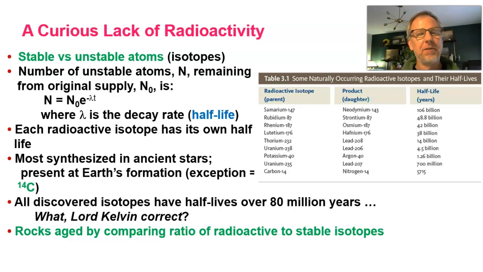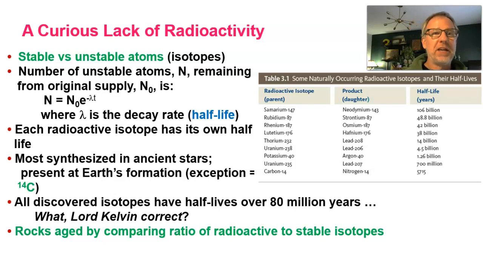Atoms that have equal numbers of protons and neutrons in them are stable and are unchanging. Atoms that have unequal numbers of protons and neutrons are unstable and radioactive. Some of those subatomic particles can decay in the proton-neutron world, turning that atom into something else.